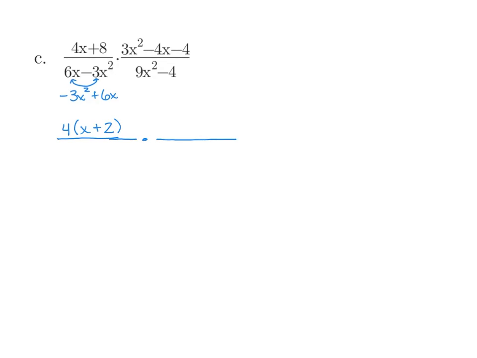The bottom is also a greatest common factor, and so I can factor out a negative 3. I can also factor out an x. If we factor that out, negative 3x squared divided by negative 3x is x, and 6x divided by negative 3x is minus 2.